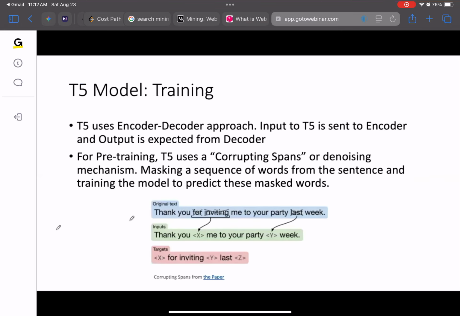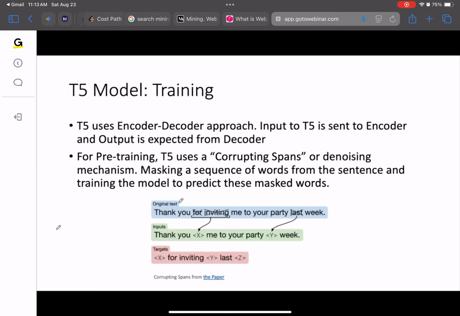The main aspect regarding the T5 model is that the pre-training is done on both the encoder and the decoder. The pre-training procedure is through corrupting spans, a denoising mechanism.